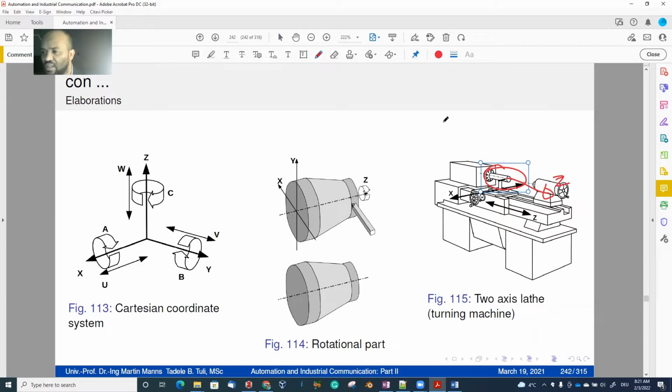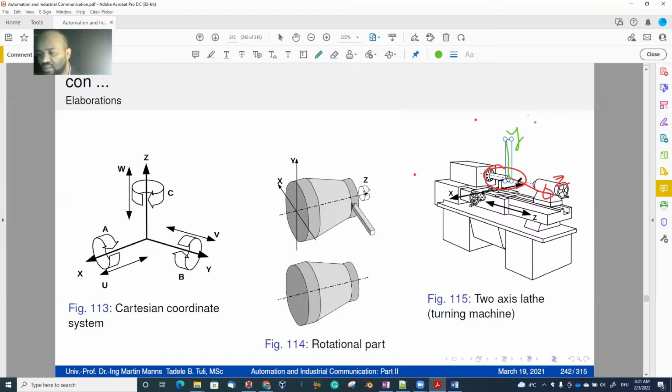Let's say this is z, and then you expect the second one. Do we say it with green? No, this is red actually. Okay, then the other is, let's say, the y-axis. This is the y-axis.